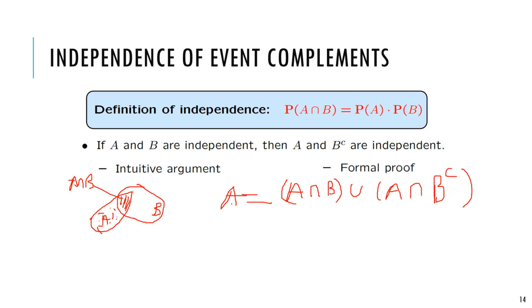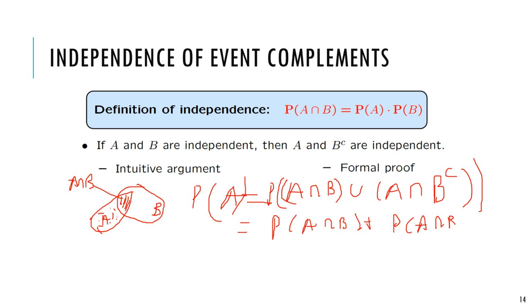So here the probability of A equals the probability of these two events, which are totally disjoint, so it equals probability of A and B plus probability of A and B complement. We can move this term to this side.